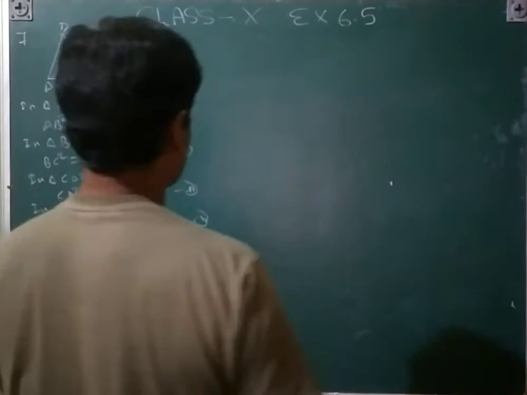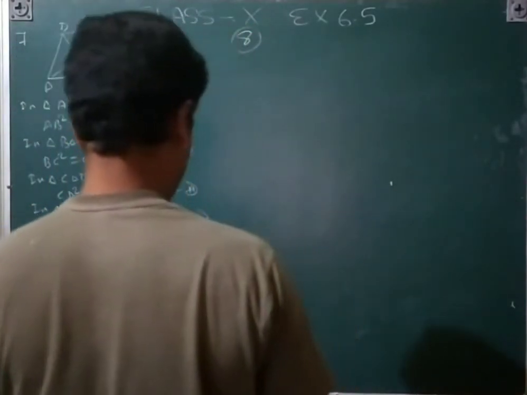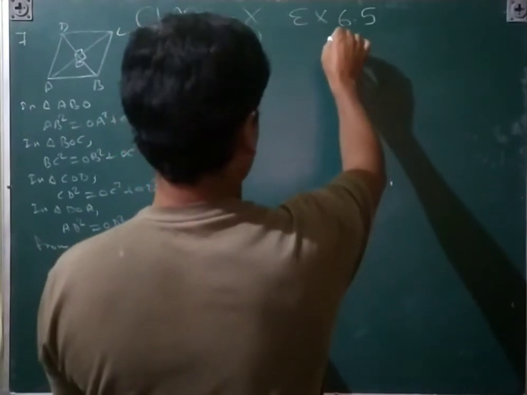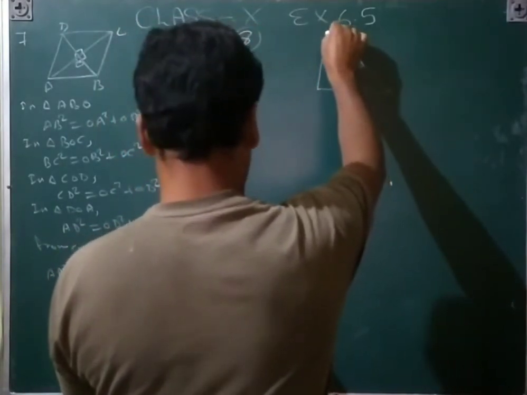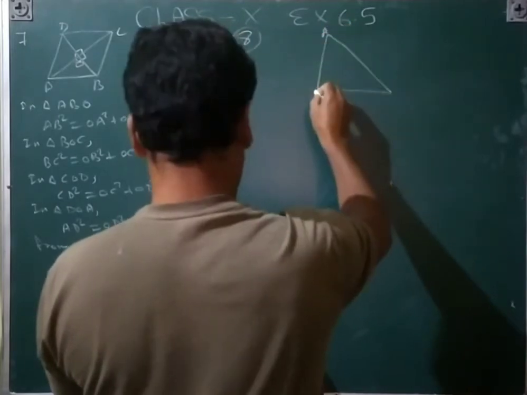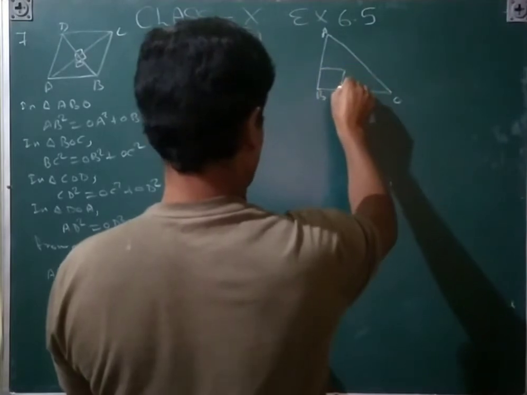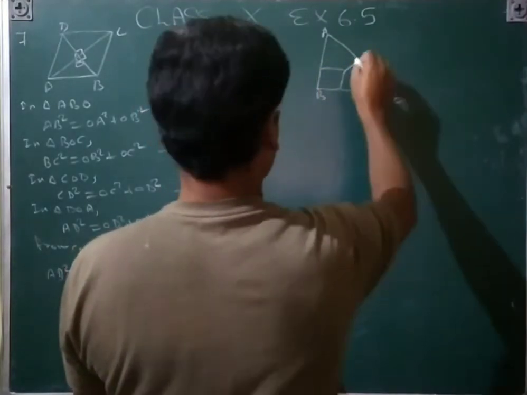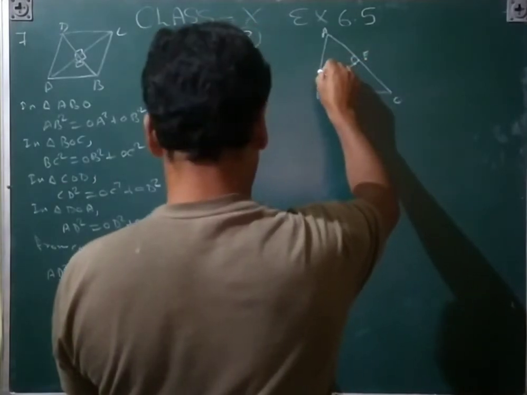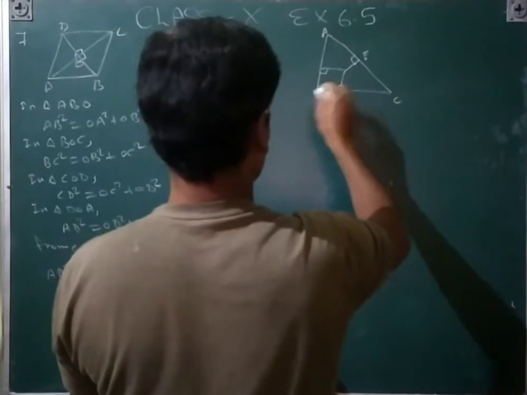Next, eighth question. The diagram is given there. A, B, C, with 90 degrees, 90 degrees, 90 degrees.